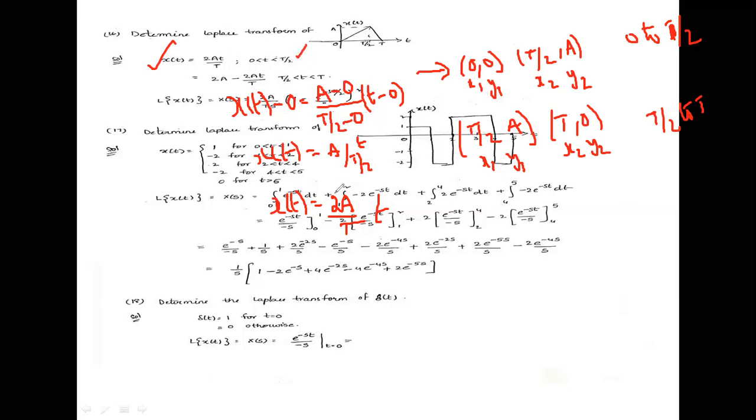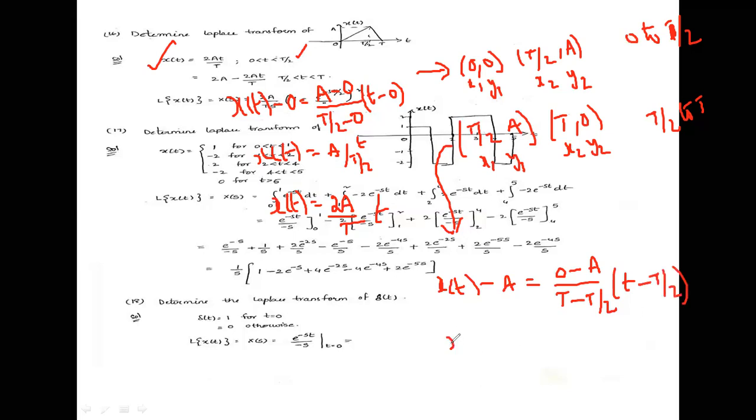For the second one, you can write by using these quadrants: y, which is x of t, minus y1. What is the y1 here? It is a. y2 is 0, minus y1 is a, x2 is T, minus x1 is T/2, and x minus x1, where x2 is T and x1 is T/2.